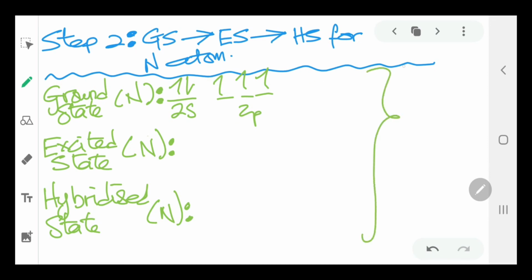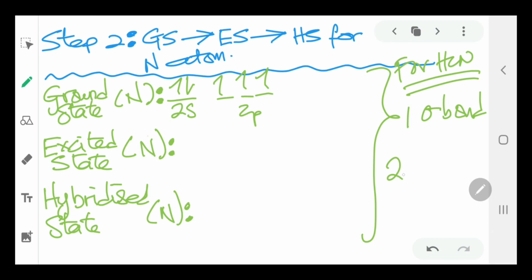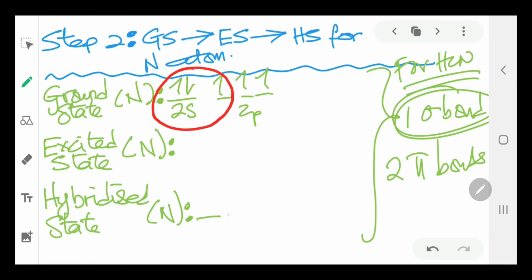But it's very important for you to always remember that just now you have 1 sigma bond and 2 pi bonds. Okay, so 1 sigma bond means you need to have 1 unpaired electron in the hybrid orbital. So what we're going to be doing here, you have 1s and 1p, sp.